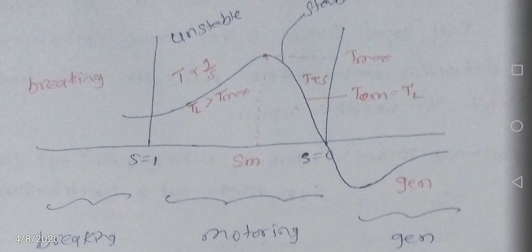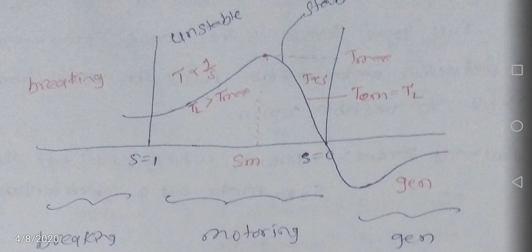When the machine reaches the maximum speed and maximum torque condition, if the speeds keep increasing, then slips decrease.